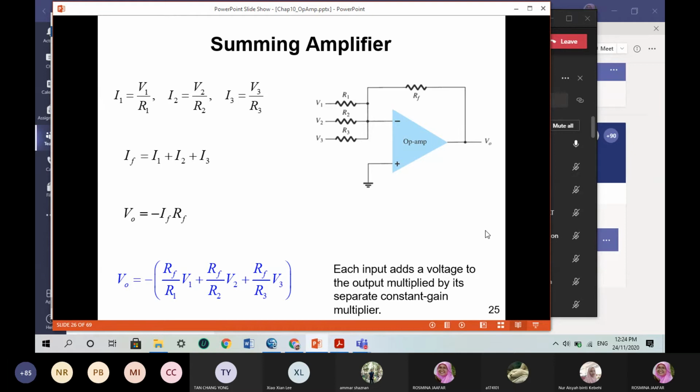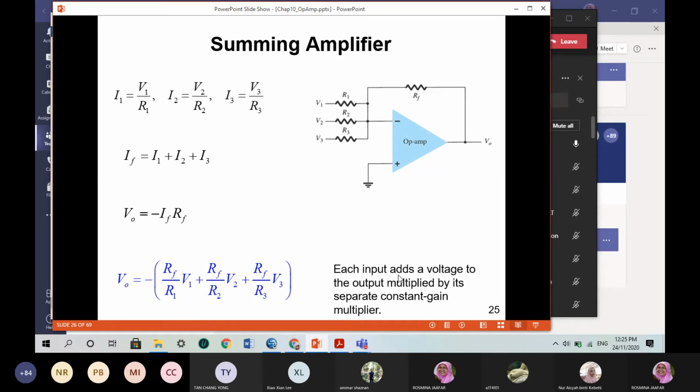So, in short, when you see a summing amplifier like this, each individual resistor connected to the voltage applied will determine the section gain. So in other words, you have 3 sub gains of this amplifier.